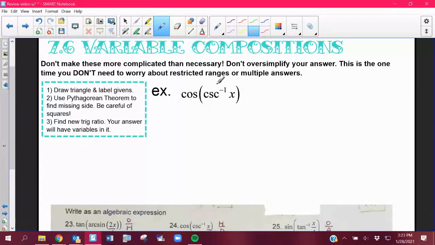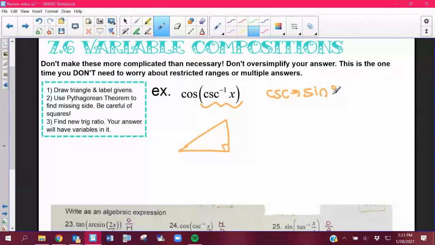So if I look at this problem, it says cosine of the inverse cosecant of x. The first thing I'm going to do is, again, deal with the inside and figure out what the quote-unquote angle is to draw the picture with. So I'm going to draw me a triangle. I know that cosecant goes with sine. It is the reciprocal, the flip-flop of sine.